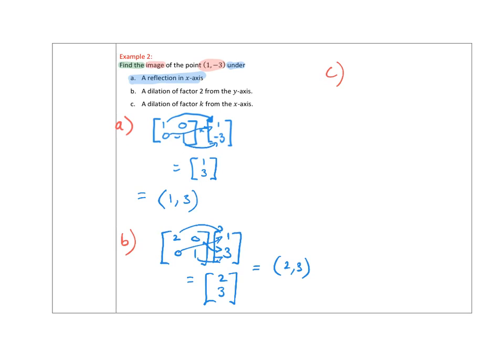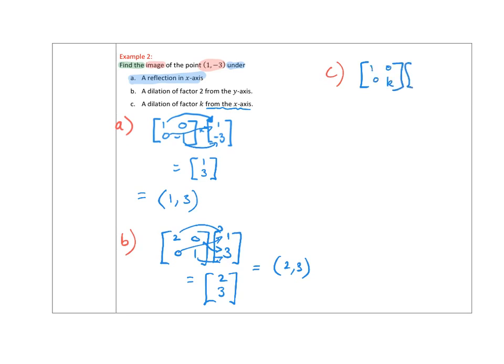Finally, for part C, we're after a dilation factor k from the x-axis. And we don't know what k is, so we can anticipate that it will be part of our answer. If we're dilating from the x-axis, so there's that little word there, it means that our dilation factor will appear in the bottom right-hand corner.